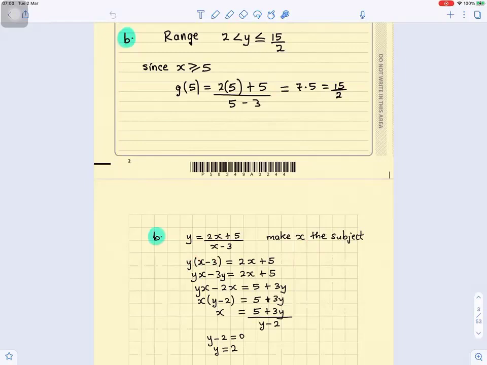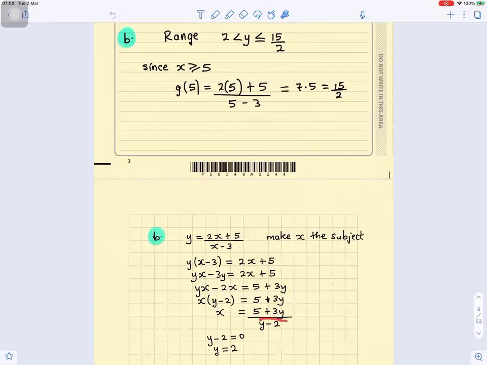You get yx minus 3y equals 2x plus 5. And you collect like terms. 2x comes to the left, becomes minus 2x. And 3y goes to the right, becomes plus 3y. So you factorize: x bracket y minus 2 equals 5 plus 3y, and you get x to be 5 plus 3y over y minus 2.